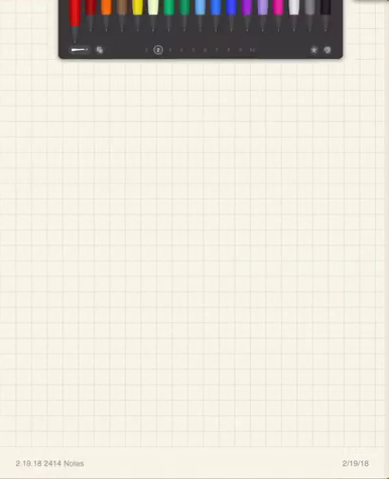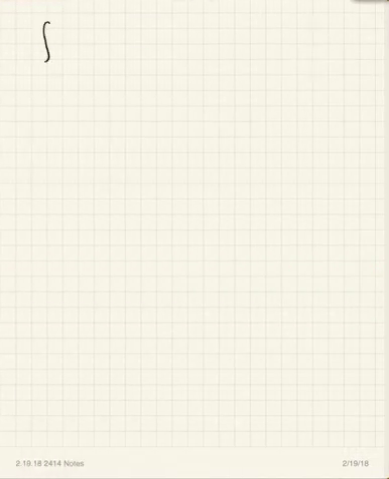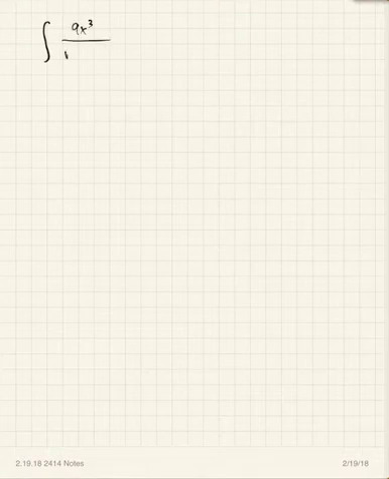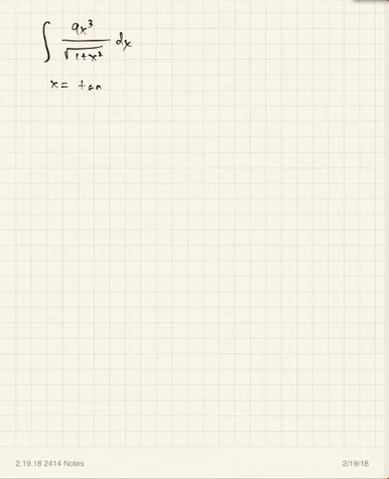All right, so now remember the original problem was this integral, 9x cubed over the square root of 1 plus x squared dx. And then we made this substitution that x was equal to tangent theta and that dx was equal to secant squared theta d theta, right?